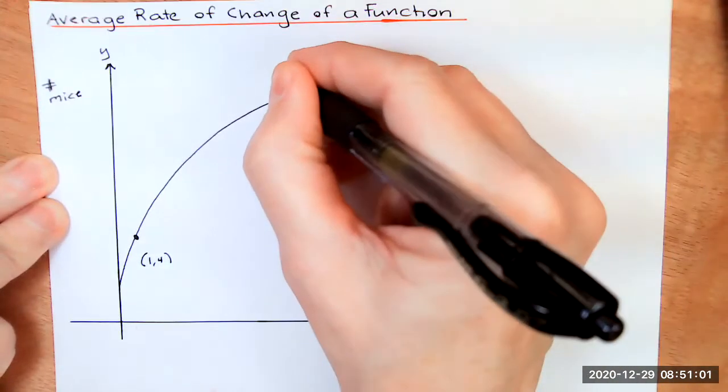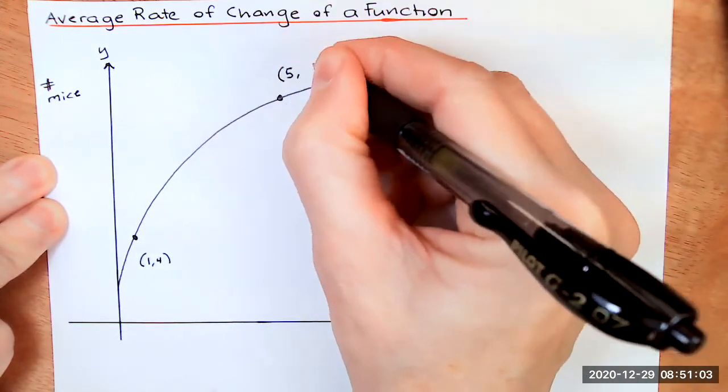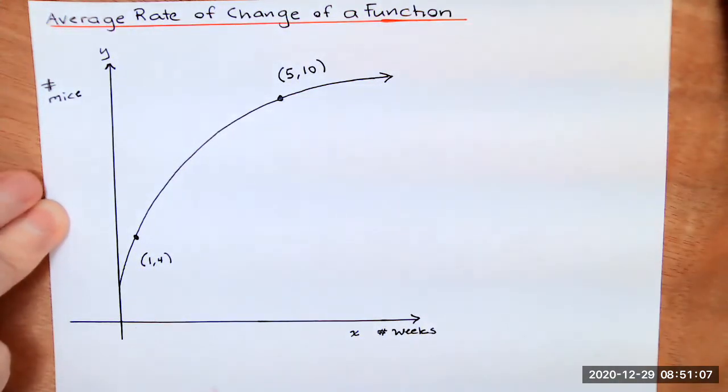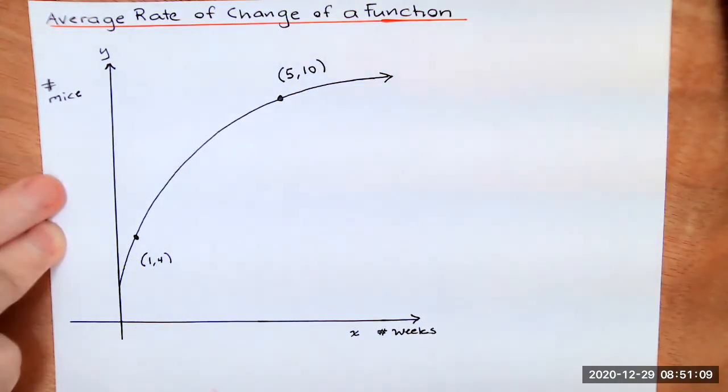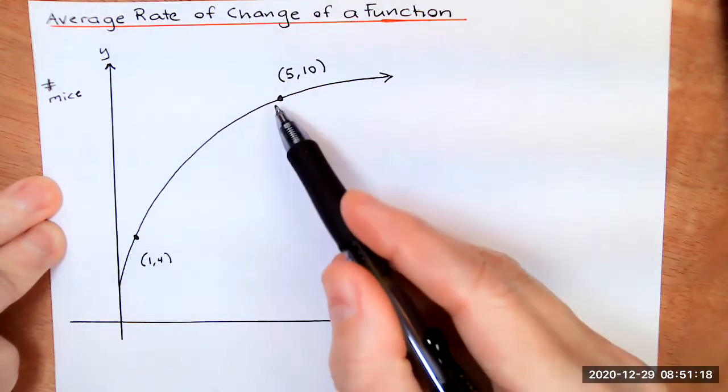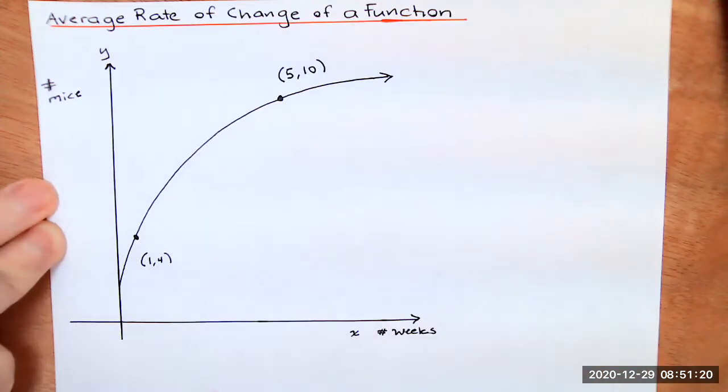And then on week 5, you had 10 mice in the basement. So the question is, how fast is the number of mice increasing from week 1 to week 5?